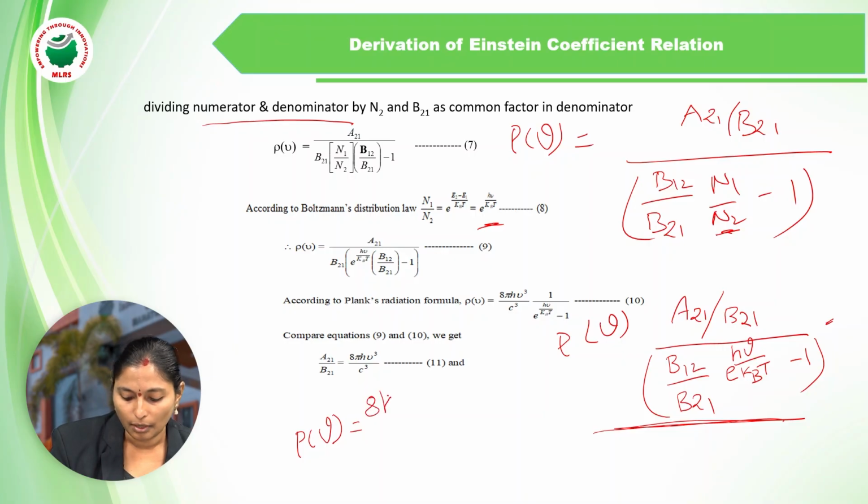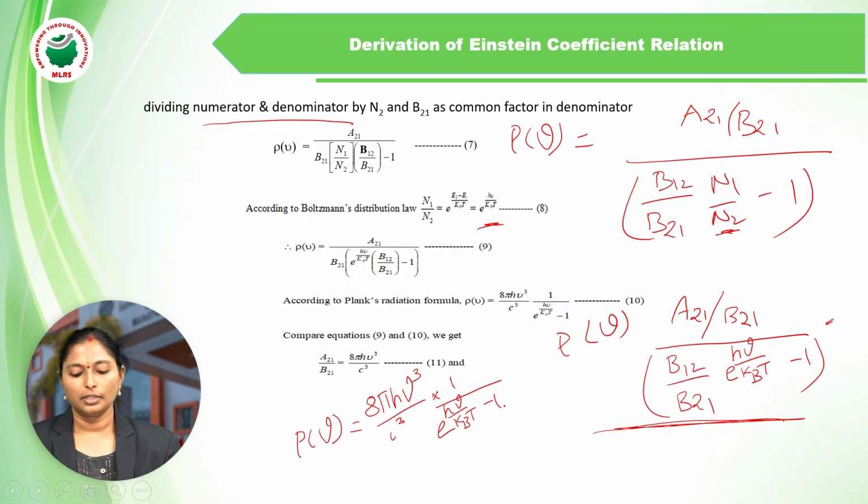According to Planck's radiation law, the energy density rho nu is equal to 8 pi h nu cube by c cube, into 1 by e power h nu by KBT minus 1.